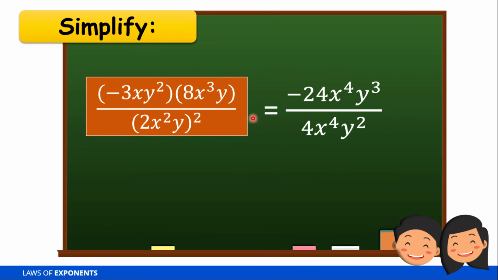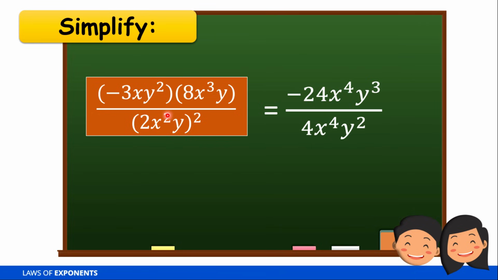All over, sa ilalim naman or denominator, mayroon tayo ditong exponent na i-distribute sa nasa loob ng parenthesis. So, yung 2 natin, magiging 2 squared na ito. 2 squared or 2 times 2, that is equal to 4. Tapos, we have here x squared.